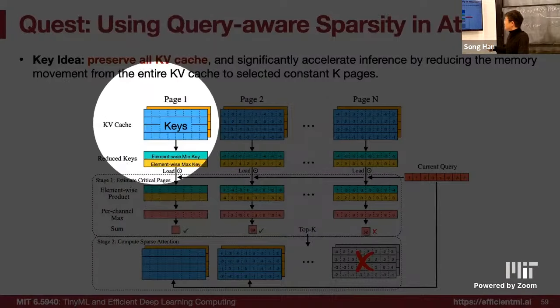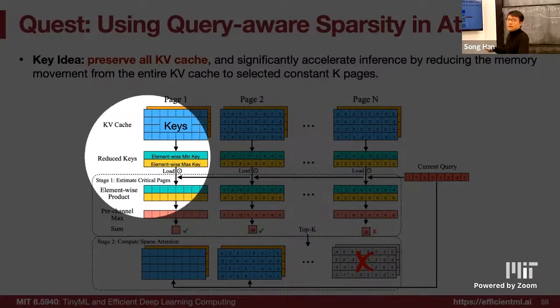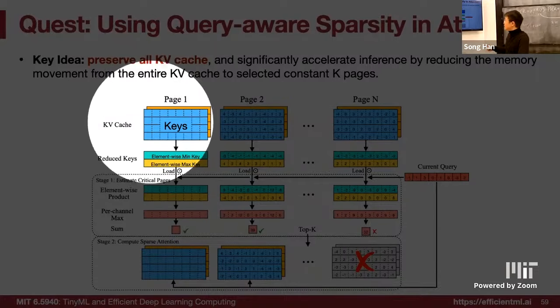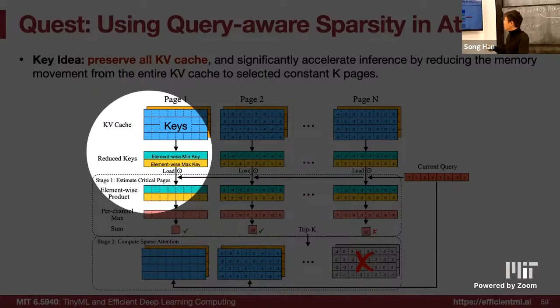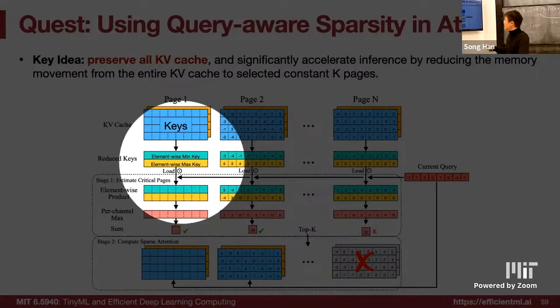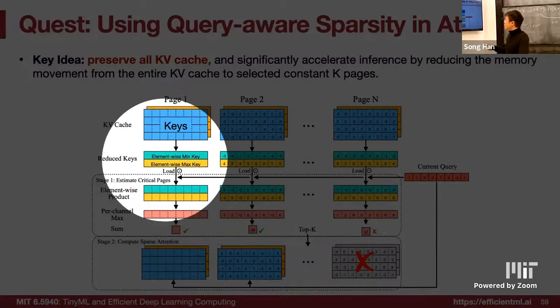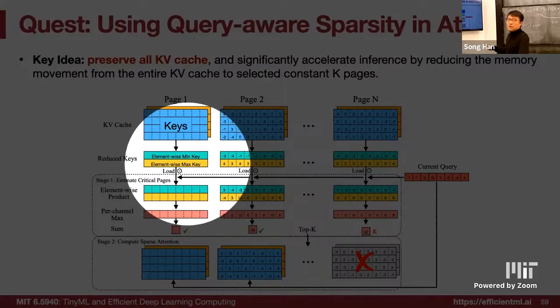So a smarter idea is to find some representative key across these four tokens. Actually, this example is 16. Across these tokens, we find the element-wise min key and the element-wise max key. The large dot product can only happen if this query is dotted with this min key or this max key.